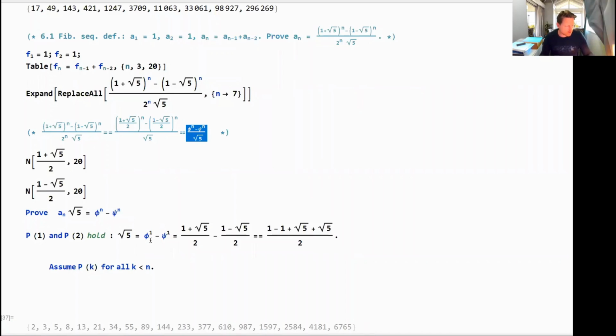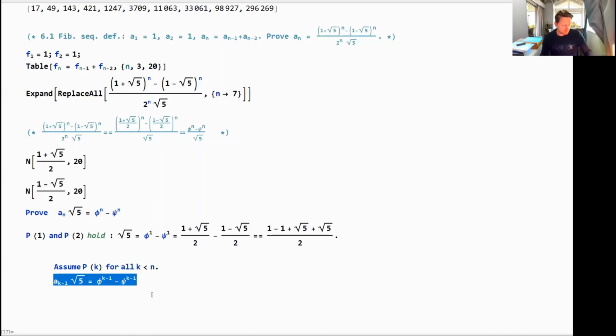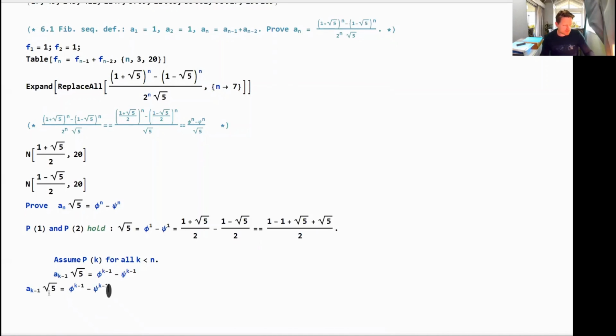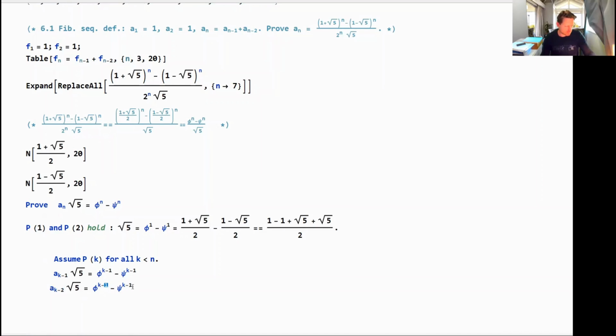So following straight away from the hypothesis, which is that this holds for all k less than n, so change the n's to k. All right, except now I want to do so for k minus 1, right? Because under the assumption, then it holds true for k minus 1 also. And it holds true for k minus 2. So basically then our induction hypothesis means that we're assuming these two things. Where here I have a k minus 1 in the top and a k minus 2 in the second equation.